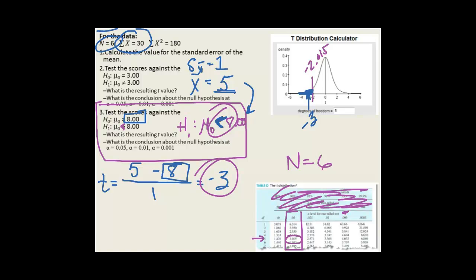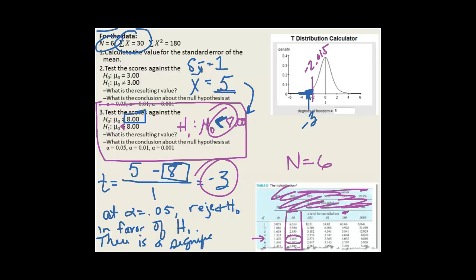So I can say with confidence, 95% confidence actually, we'll get to that, but at alpha of 0.05, there is enough evidence to reject the null hypothesis in favor of the alternate hypothesis, meaning there is likely a significantly lower mean than hypothesized.